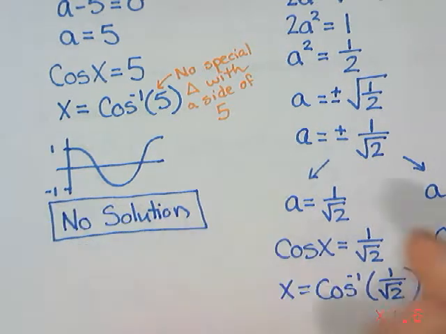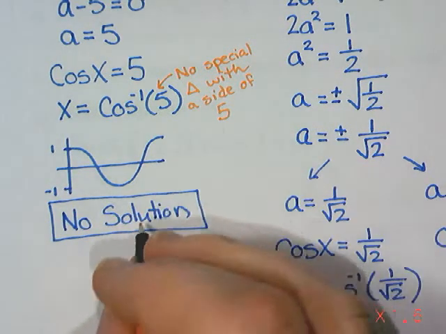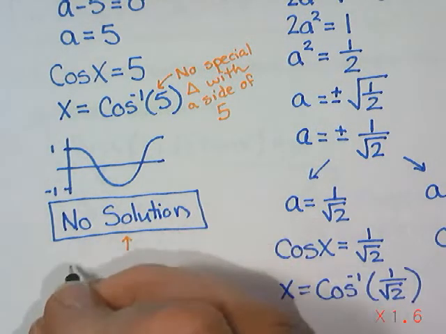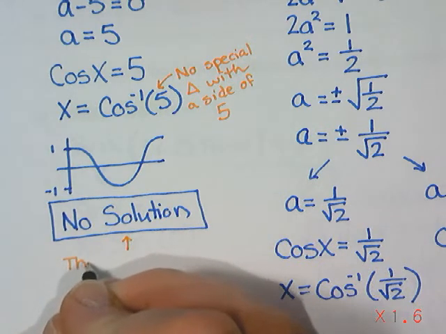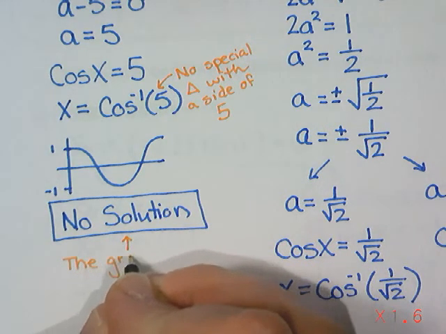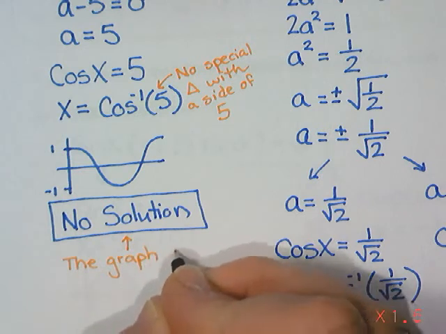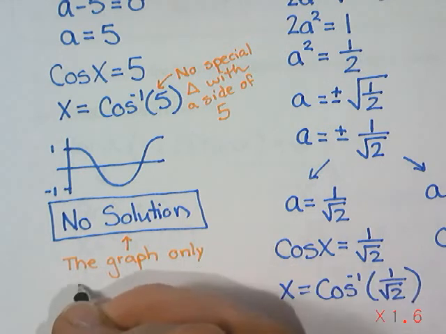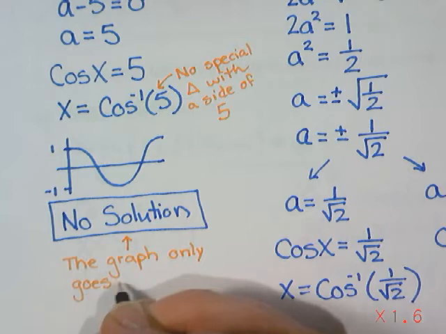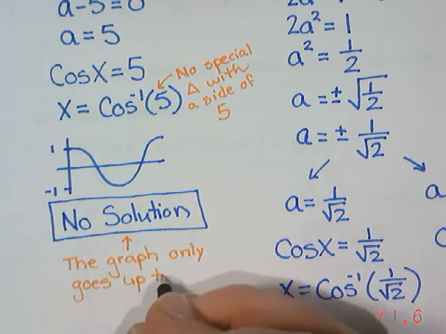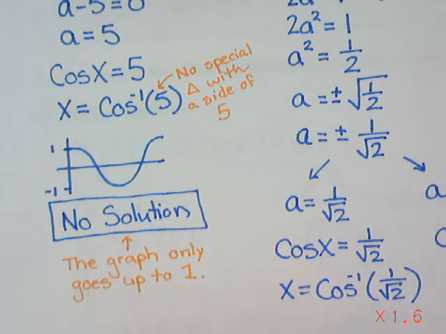And I'm going to leave a note for myself that the graph does not go any higher than 1. The graph only goes up to 1. 5 is way too high.